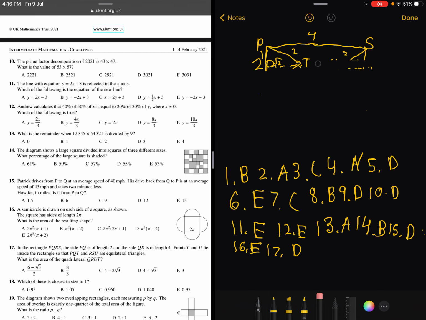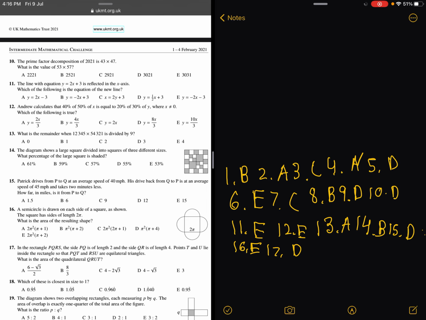Question number 18. Just remember that in question number 18, they're bringing recurring decimals to trick you guys. But we all know if you just take the first 3 digits, it should be fine. So these are the first, let's say 4 digits for each of them. 1.0505, 0.9609, 1.0400, and 0.9555.